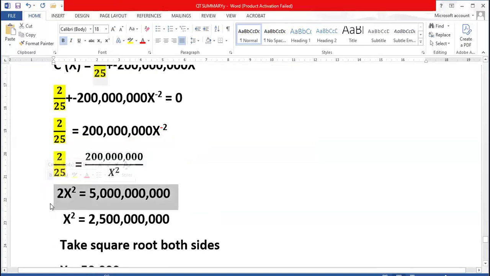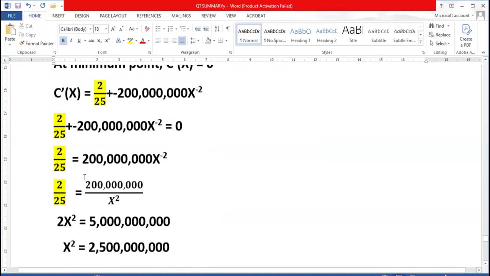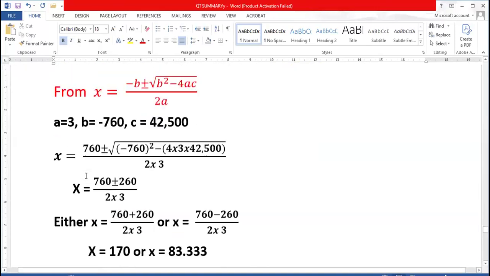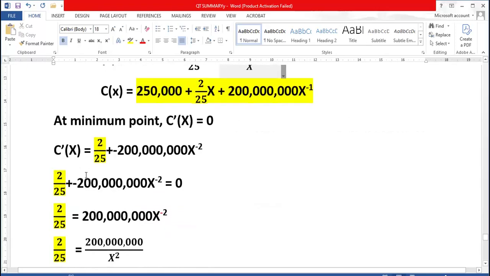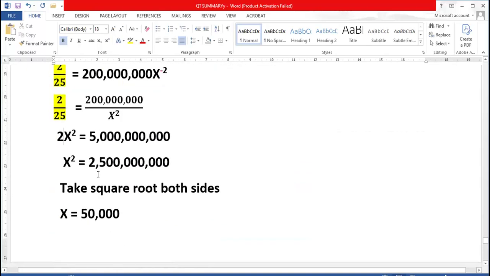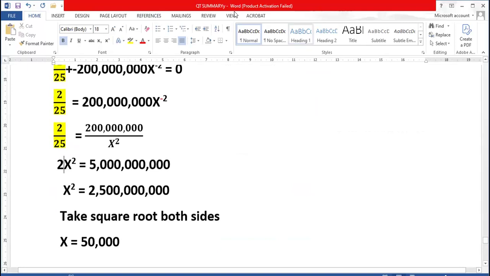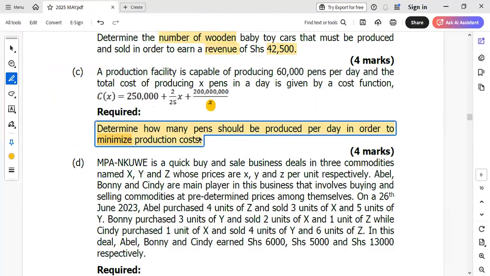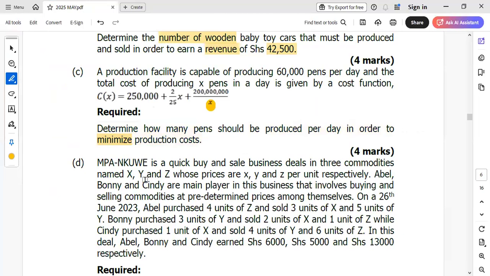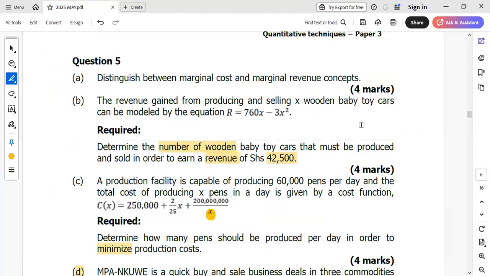So that was a question. Not hard, but if you don't know how to rearrange or work around, you can end up losing those marks. QT is a paper where you can actually mark yourself. You can know that you have failed based on what you have, because you'll be seeing marks.